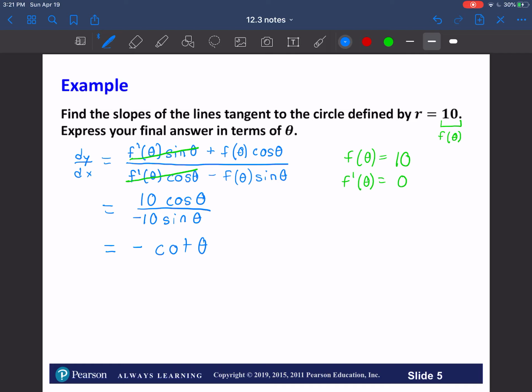Alright, and so basically the idea is that for the circle that we would get if we were to consider r equals 10, so let's just draw it quickly.